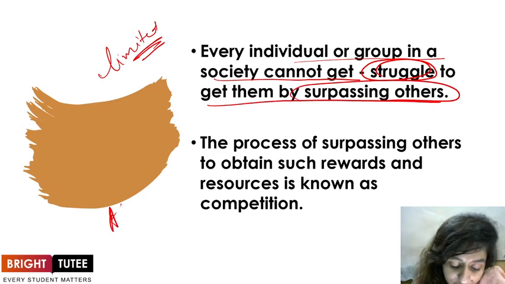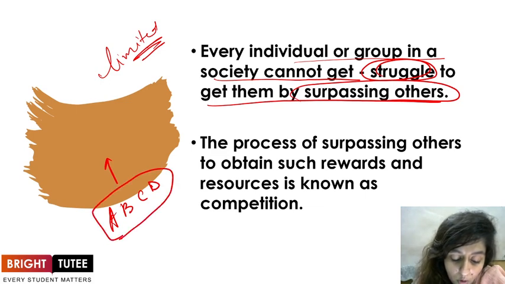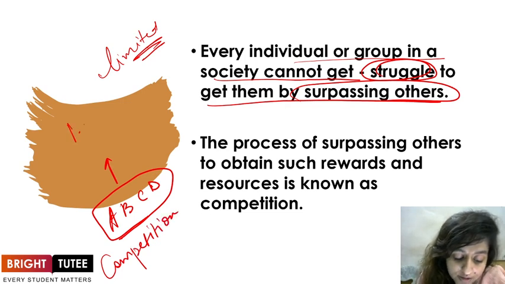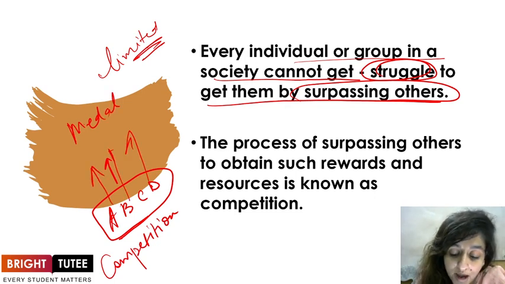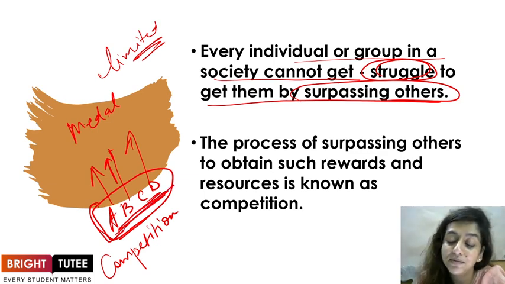You have a race, for example, wherein all of you are in competition, fighting for that medal. You are trying to achieve that medal by being better than the rest of them, and there is this struggle of getting it by surpassing the others, by leaving the others behind.